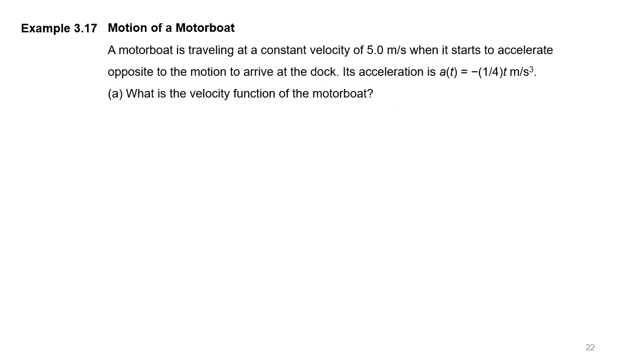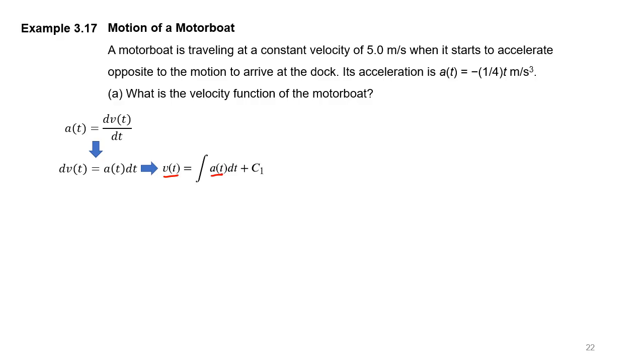So what is the velocity function? Acceleration is the derivative of the velocity function, or written another way, change in velocity is acceleration into time. So if you integrate the acceleration function, you can get the velocity.